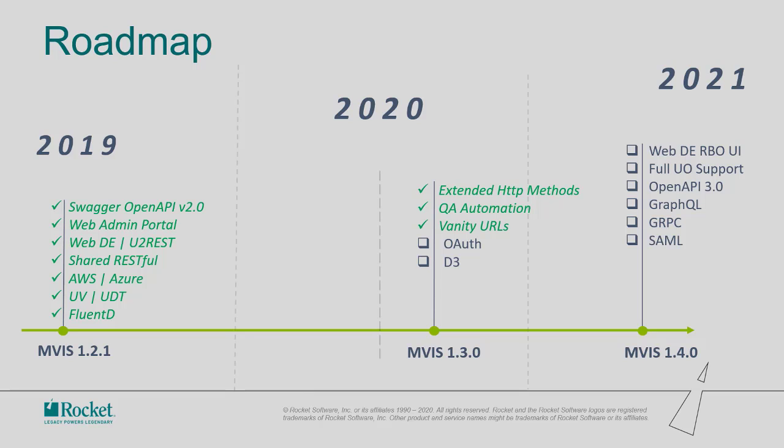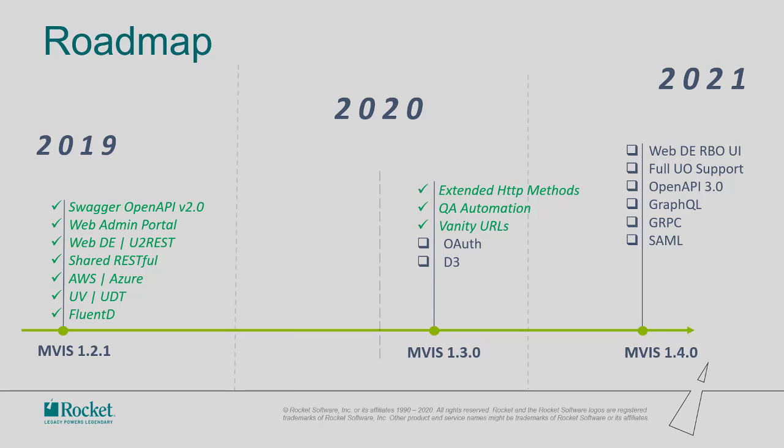Now, looking into 2020 this year, there have been extenuating circumstances, so that pushed MVIS out a little bit into the second half of this year. And some of the things that we plan to bring out and we've already worked on are extending the HTTP methods, such as including patch in the verbs that we offer through MVIS, a level of QA automation so we can start to focus on coming out with better, faster releases in a more agile fashion, and the inclusion of vanity URLs that allow you to define your URI or URL however you want it to look for third-party consumption or internal understanding.